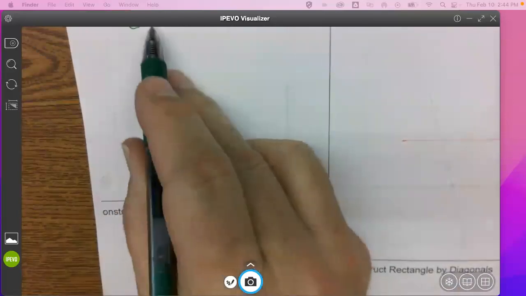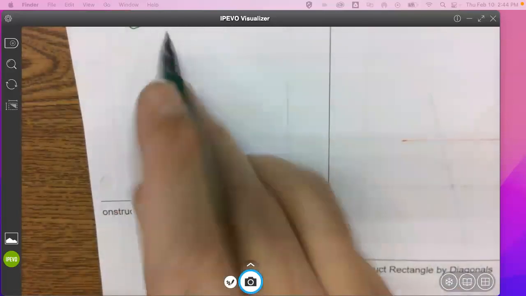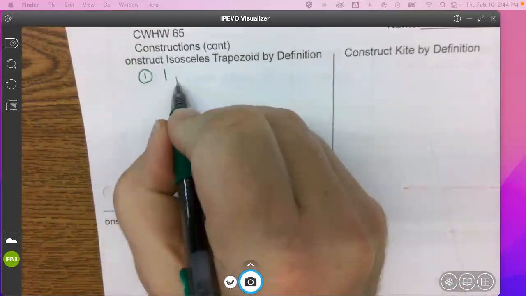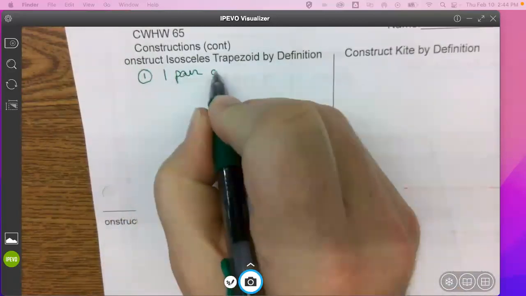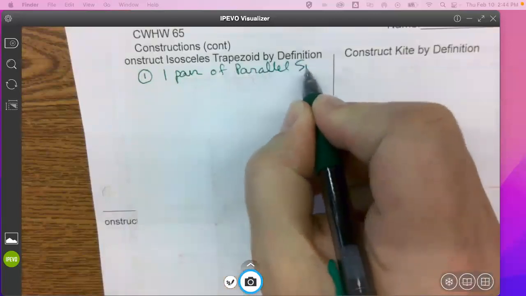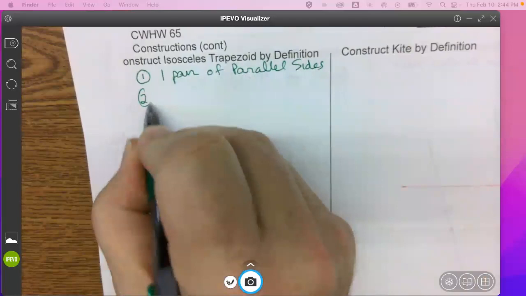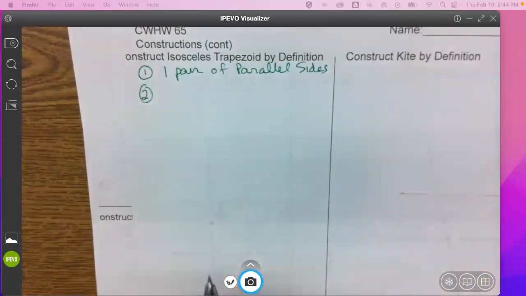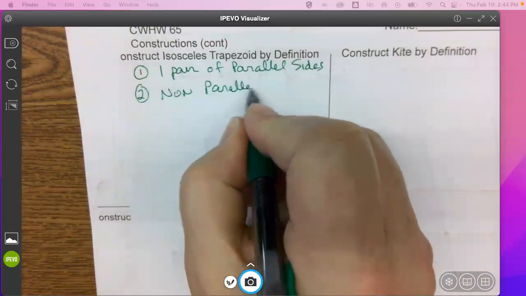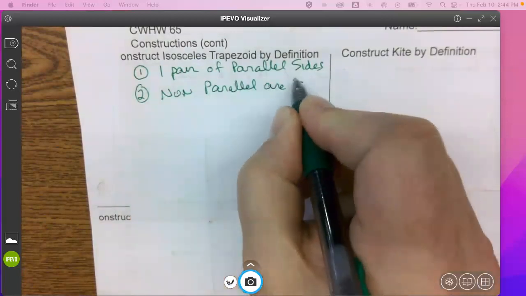So when I say isosceles trapezoid, the definition is what? One pair of parallel sides, because it's a trapezoid. And Canyon was giving us the second? Non-parallel sides are congruent.